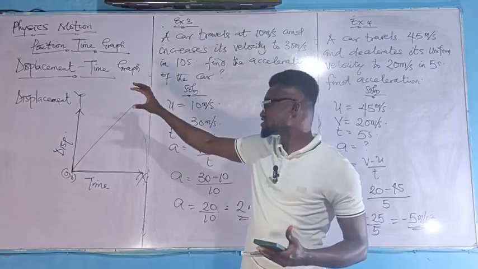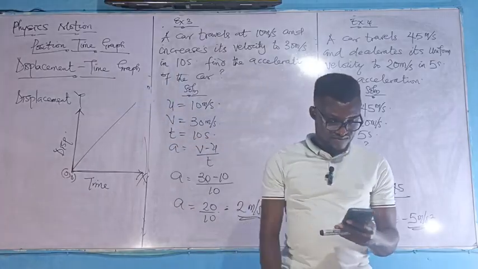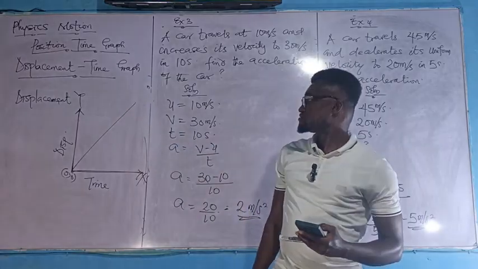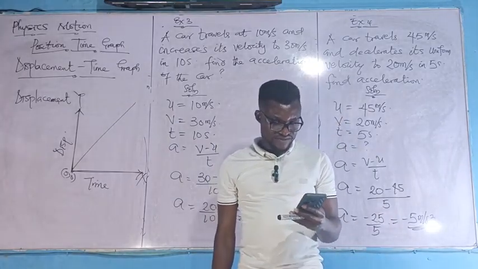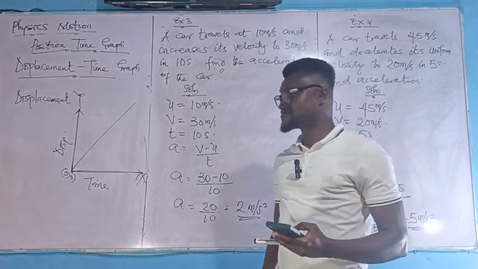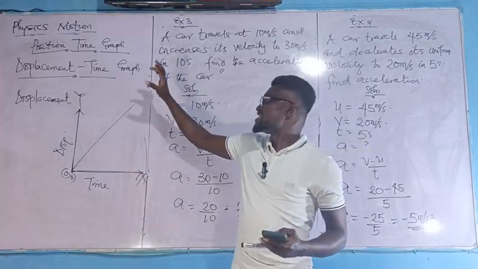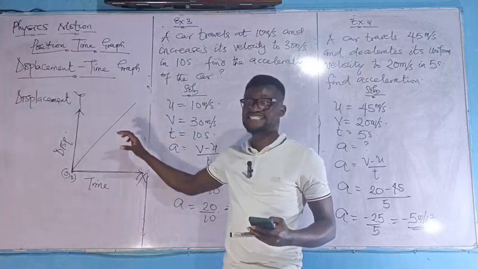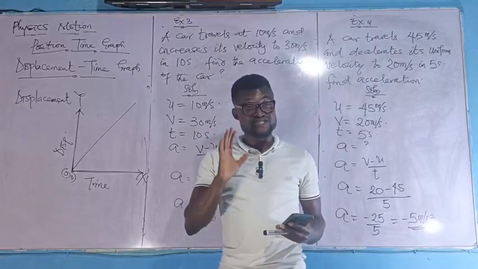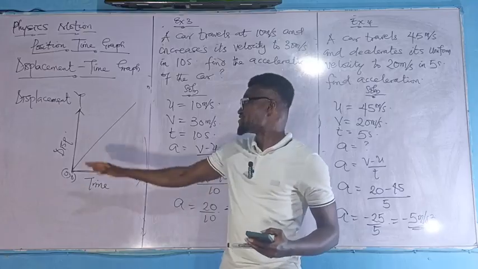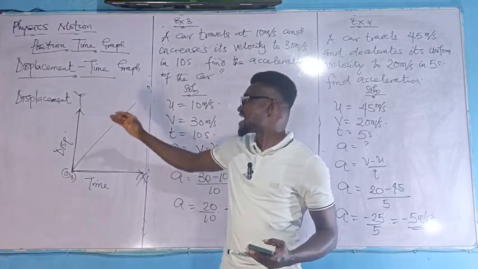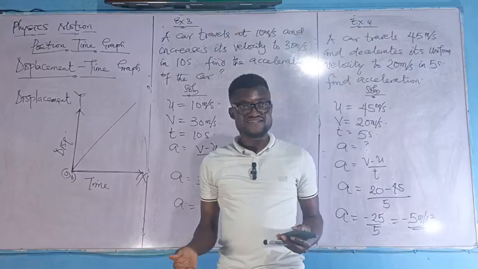The graph that shows displacement against time is called the displacement-time graph. I repeat, displacement against time is velocity already, so any graph of displacement against time gives velocity.